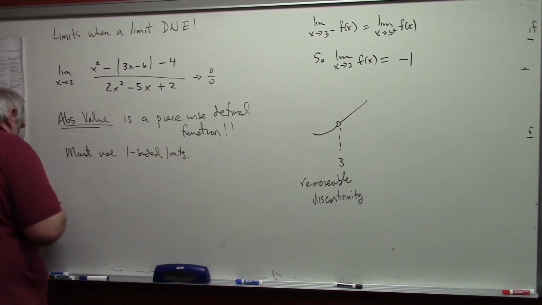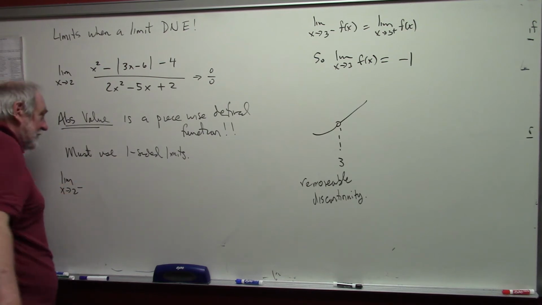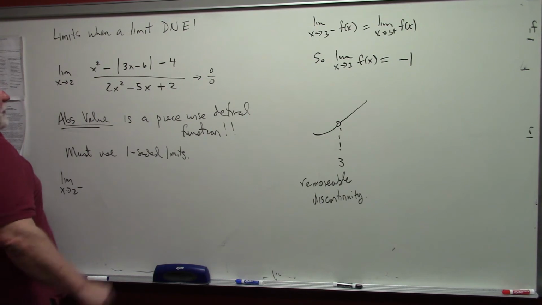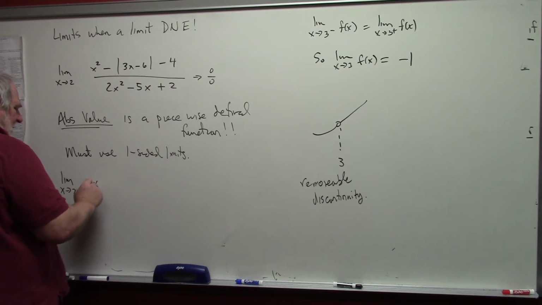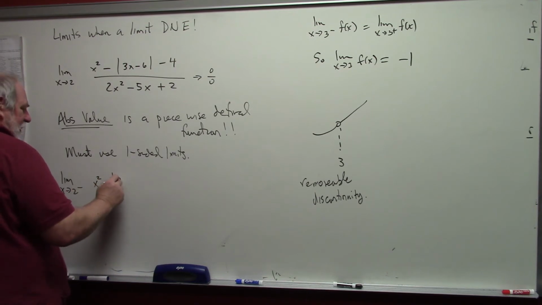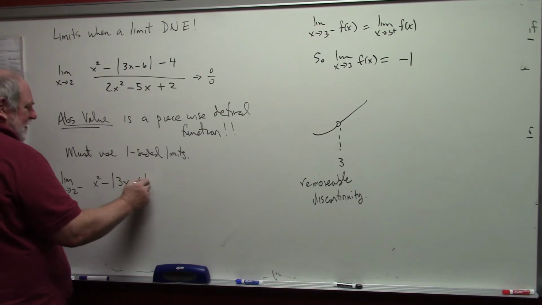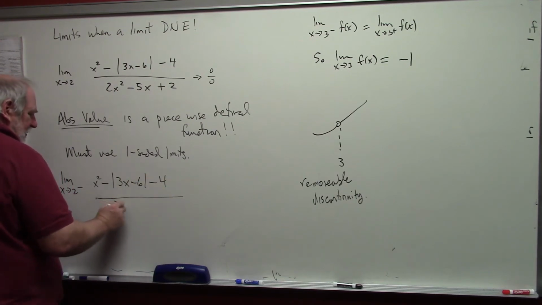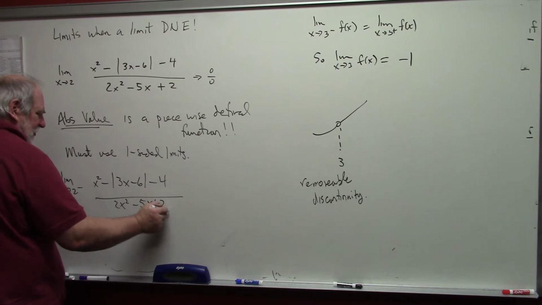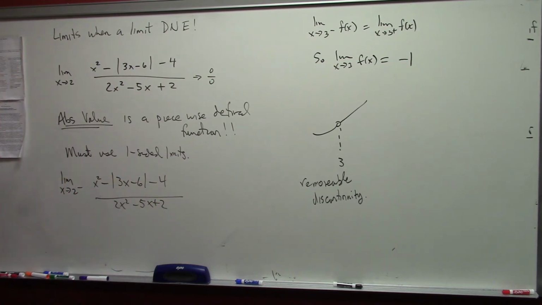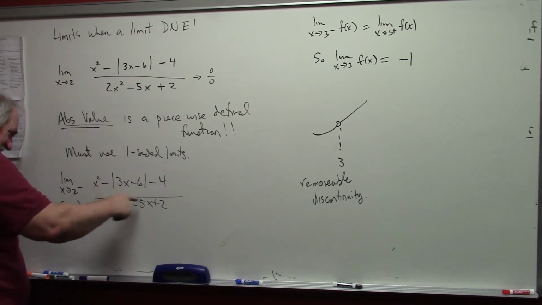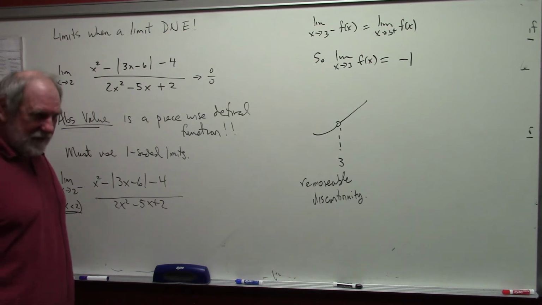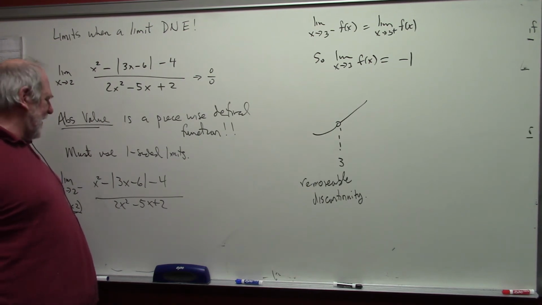And so the limit as x approaches 2 from the left, we have to get rid of this absolute value. This x squared, let me just rewrite the original, minus the absolute value of 3x minus 6 minus 4 all over 2x squared minus 5x plus 2. As x approaches 2 from the left, remember x then is less than 2. And so the inside of the absolute value is negative. Go back to the algebra video that I did.